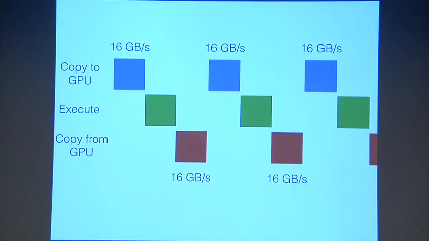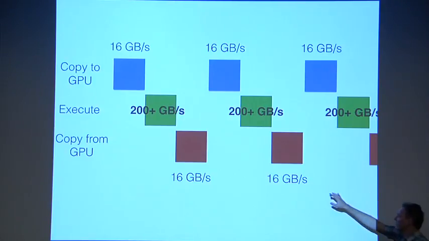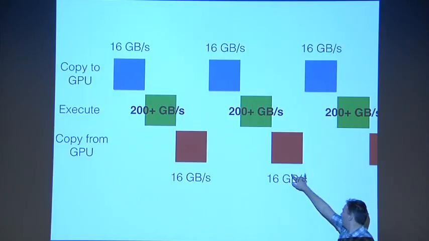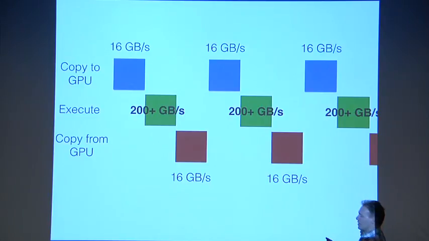And these copies are slow. These all run at 16 gigabytes a second, and the memory speed on the GPU is 200 or more gigabytes a second. So it's quite possible, if this is a large data set, that the width of that red block in terms of time could be larger than this.